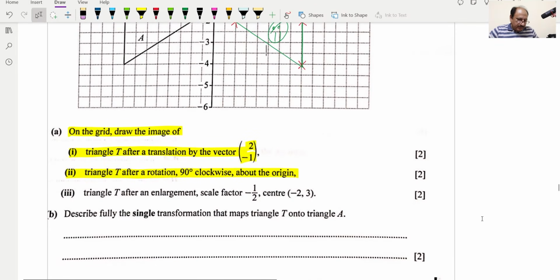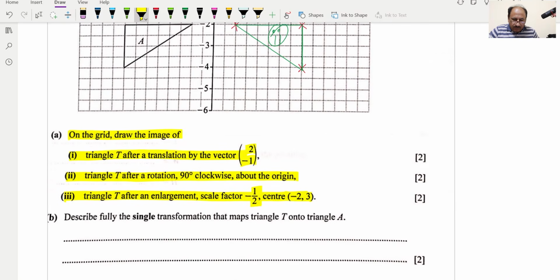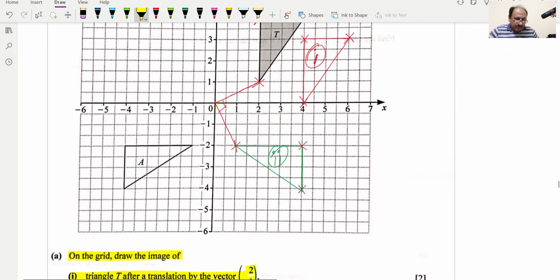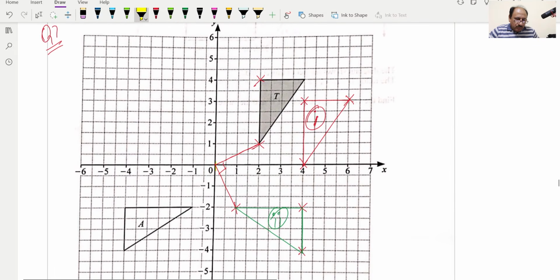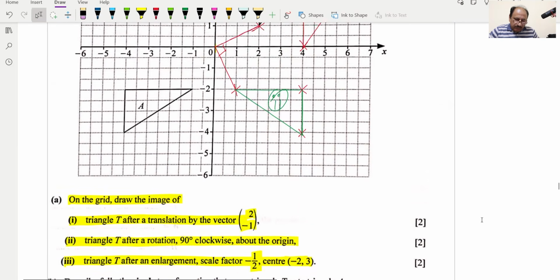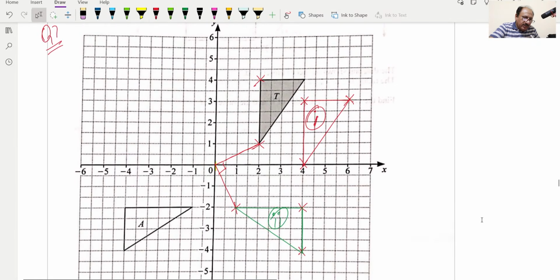Now for part 3, they are saying triangle T after an enlargement scale factor -1/2, and center of enlargement is (-2, 3). So -2 and 3, we will check the center of enlargement first.